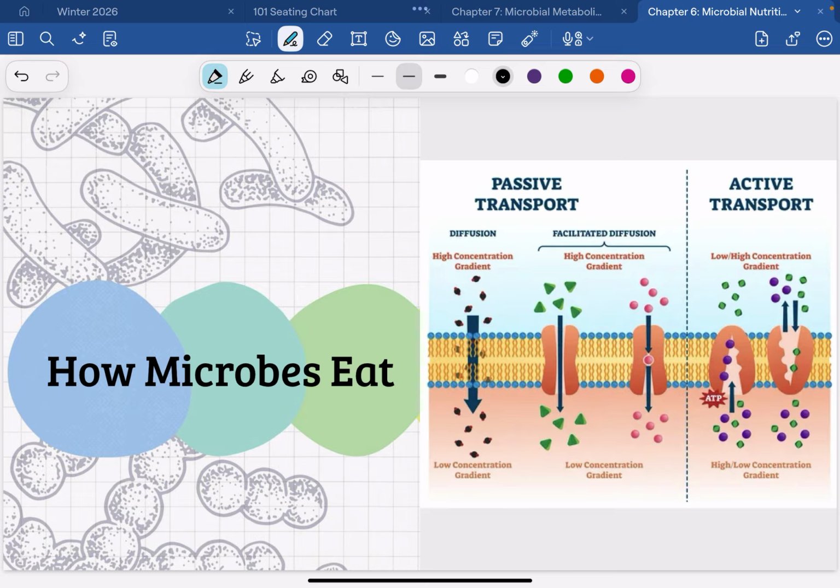Eating in bacteria is mostly just taking stuff from the outside of the cell and bringing it to the inside, and that's it. But the big kind of barrier there is the cell membrane. So we talked kind of briefly in the first chapter, I think, about cell membranes and how cell membranes are what we call semi-permeable.